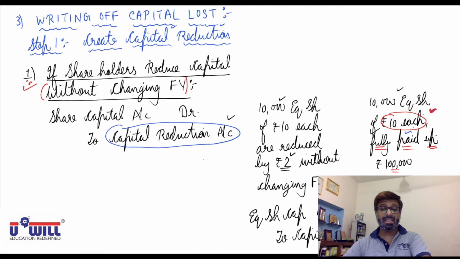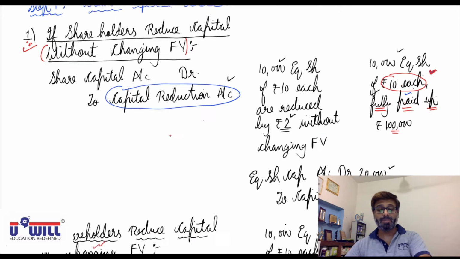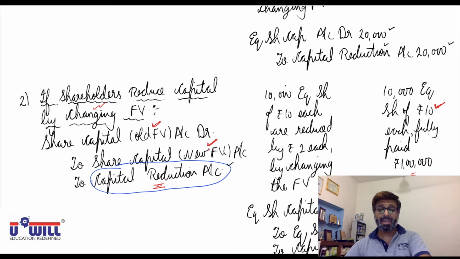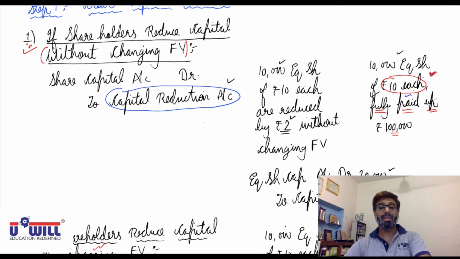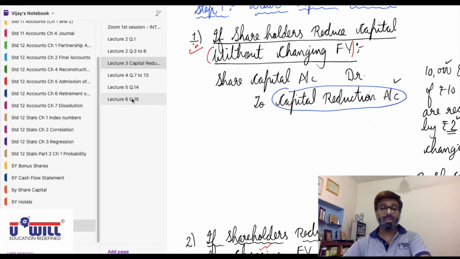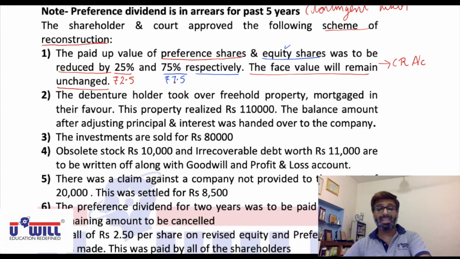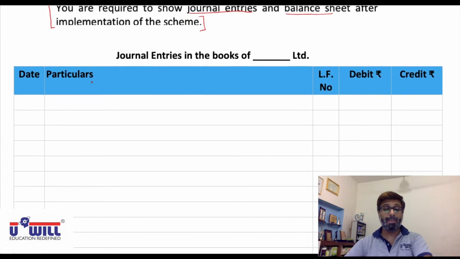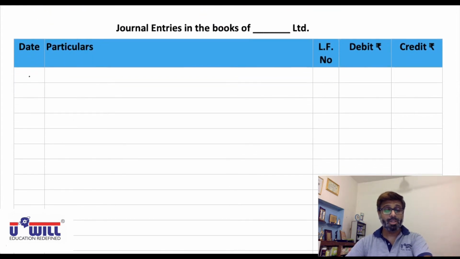In this summary, the first point: if shareholders reduce capital without changing face value, then directly debit share capital account and credit capital reduction. Old face value is debited and new face value is credited when a change of face value is done. Here no change of face value is done, so straight away whatever amount they are sacrificing will be transferred to capital reduction. So I'll write down the first entry.